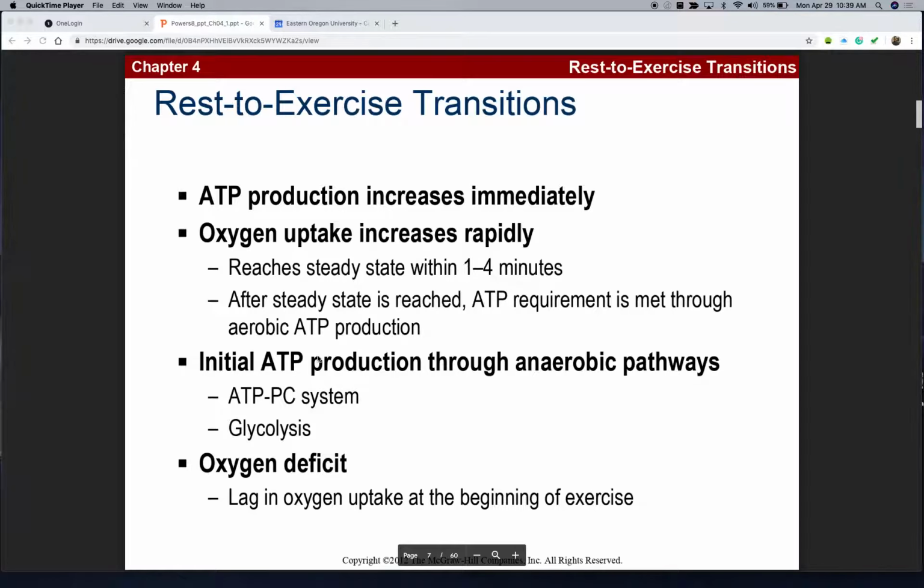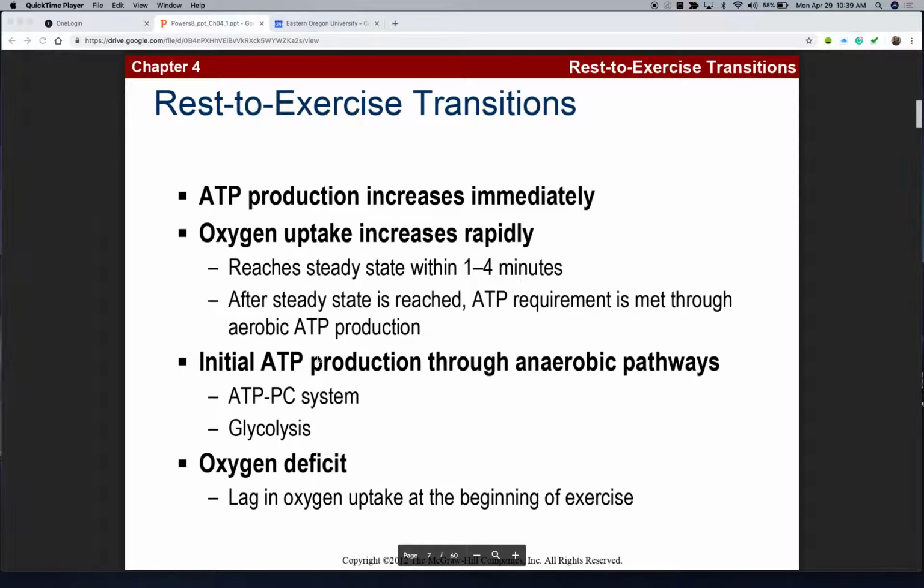It's a misnomer that when I start exercising, I start running, and oxygen is doing nothing, and anaerobic is doing everything until I get to steady state, and then the anaerobic system completely shuts off and the oxidative system goes on.